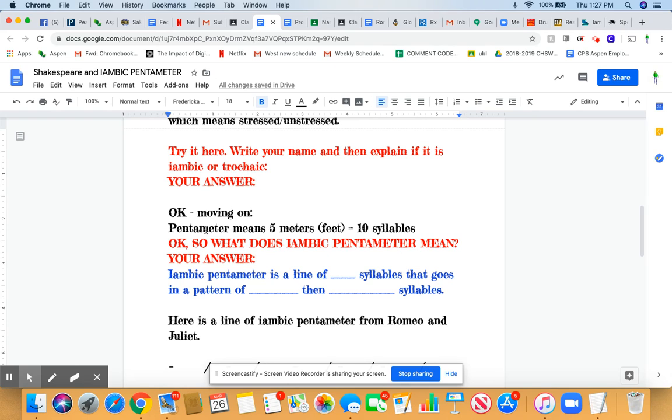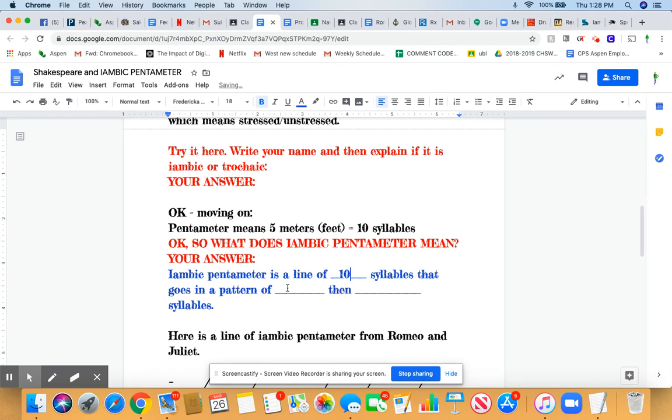So if you multiply the five times the two, you're going to end up with ten syllables per line. That is what iambic pentameter means. So if you filled this in, you would say iambic pentameter is a line of ten syllables that goes in the pattern of unstressed and then stressed syllables.